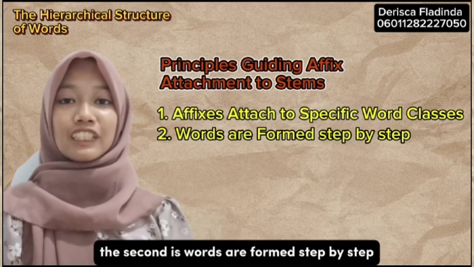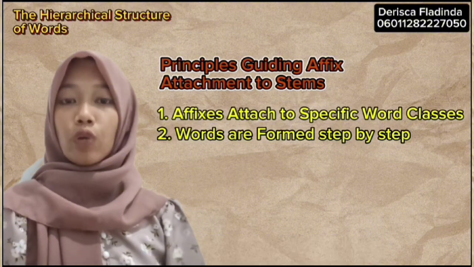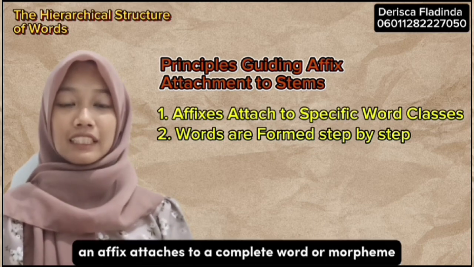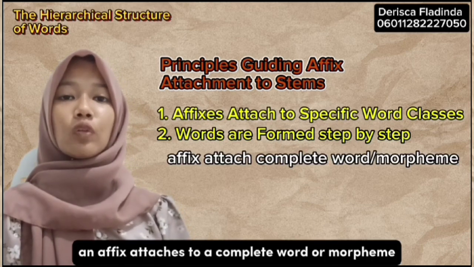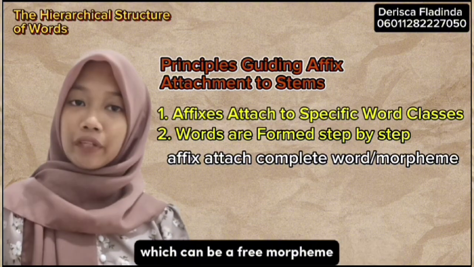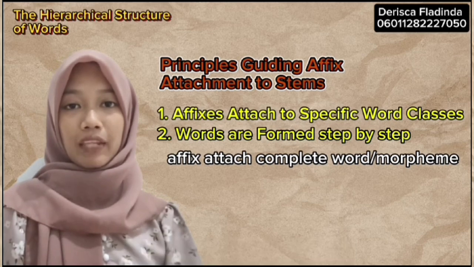The second principle is that words are formed step by step. An affix attaches to a complete word or morpheme, which can be a free morpheme or a morphologically complex word.